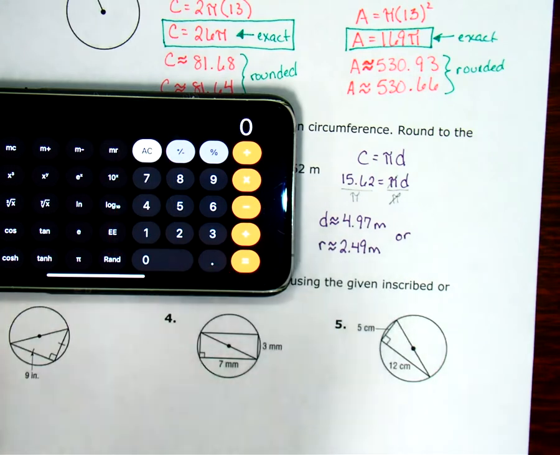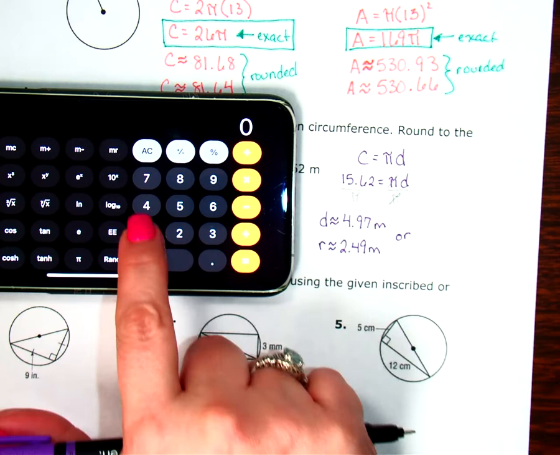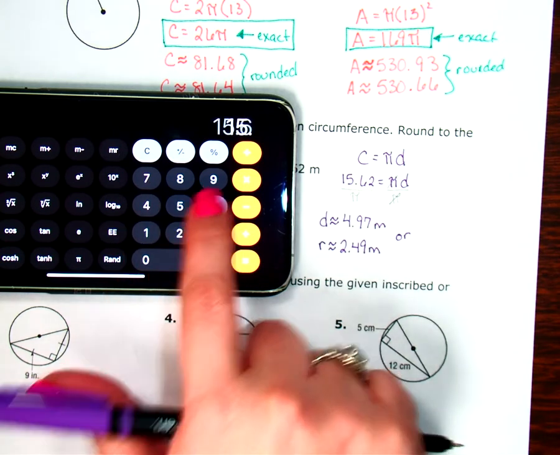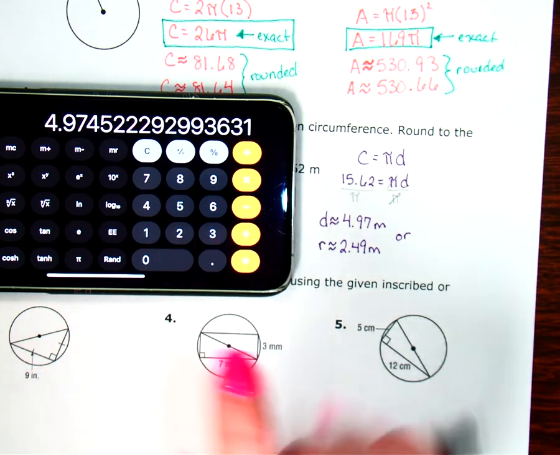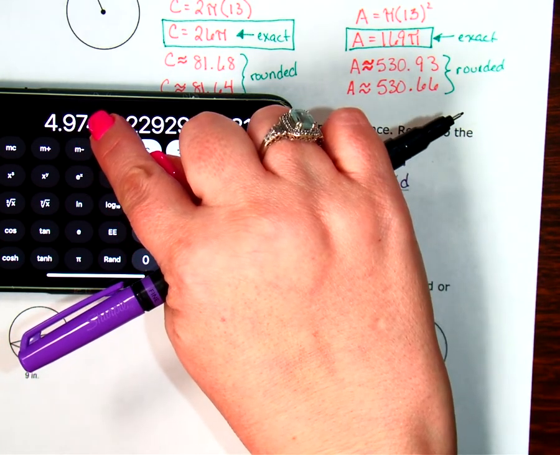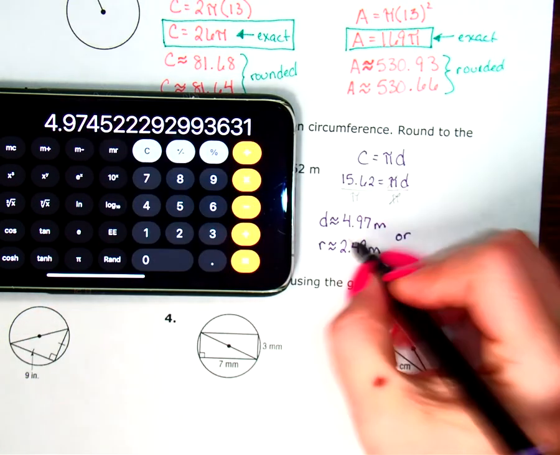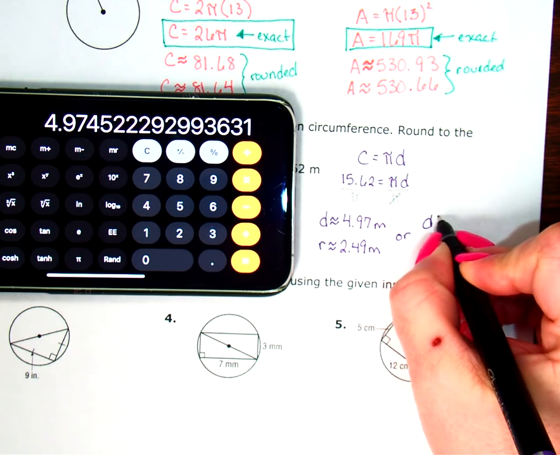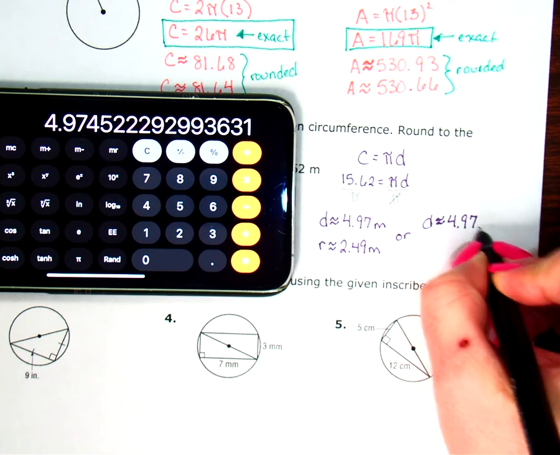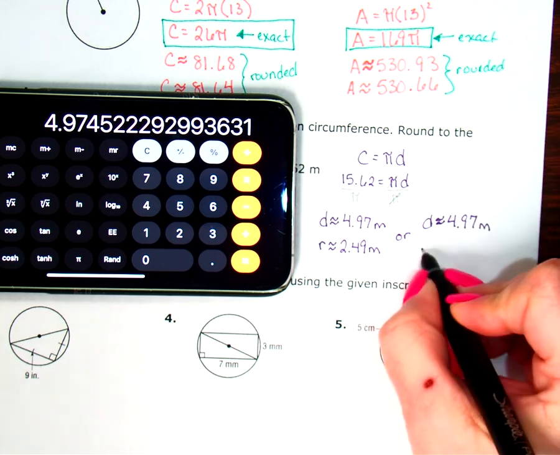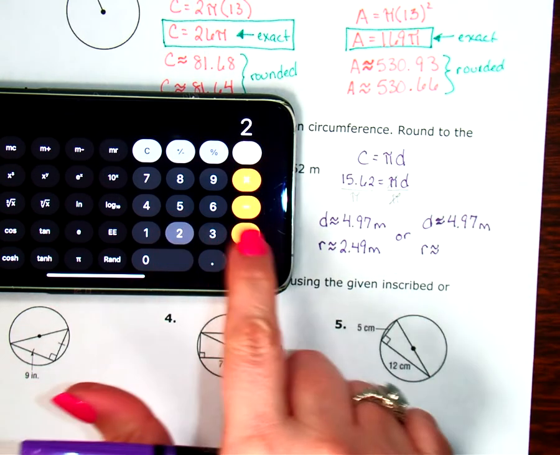So if I use 3.14, I'm going to do 15.62 divided by 3.14, which gives me 4.97, and then that 4 says, don't worry about rounding. So 4.97, oh, I got the same exact answer. Approximately 4.97 meters. And then my radius is approximately, divide this by 2.